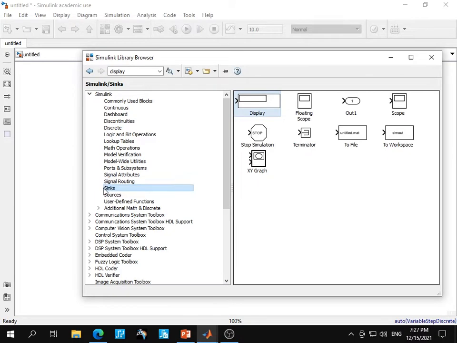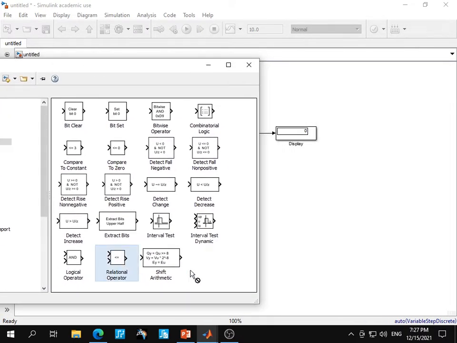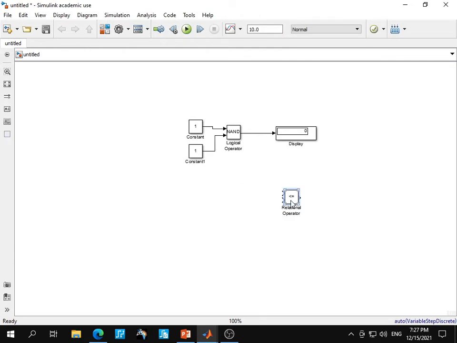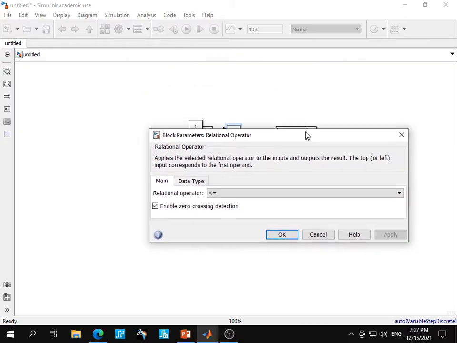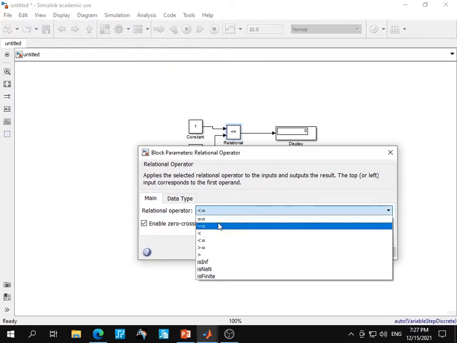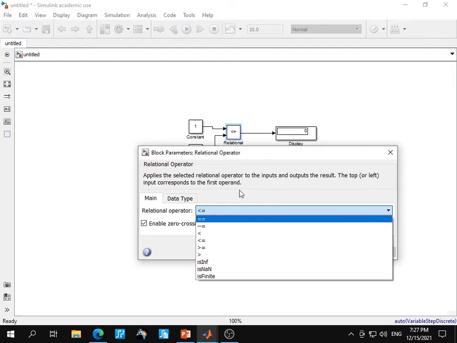And then we take a look at the relational operator. The relational operator is just like the thing you use in an if.